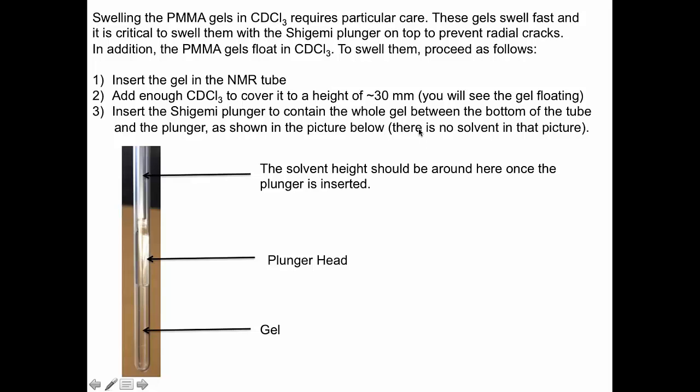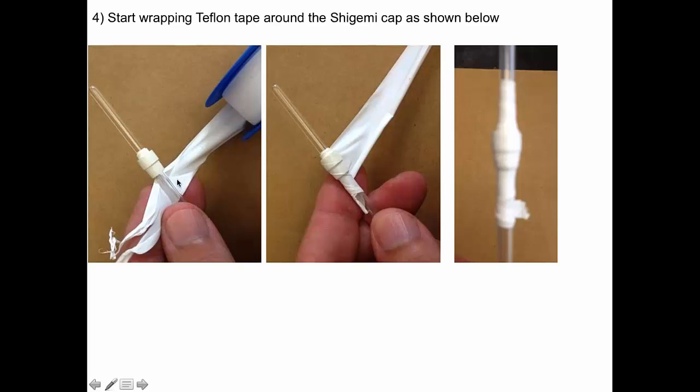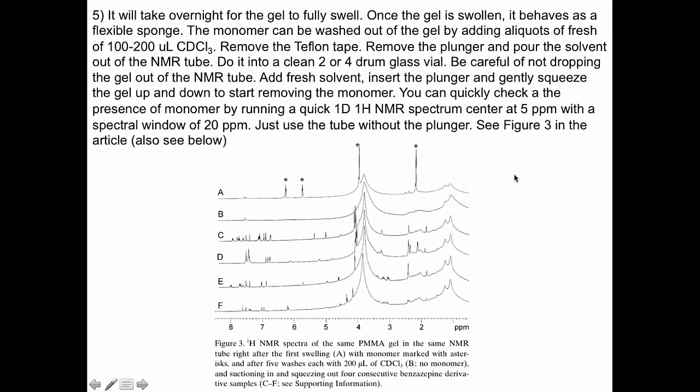There is no solvent in the picture. Another thing that you have to keep in mind is that the gel floats in chloroform. So this is how we used to do it. Yeah, we wrap it with Teflon, and then this is how it ends. Normally these gels swell faster than overnight, but normally it takes overnight.